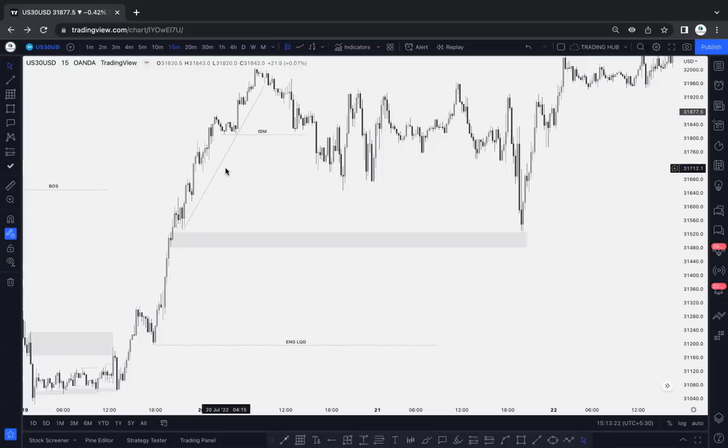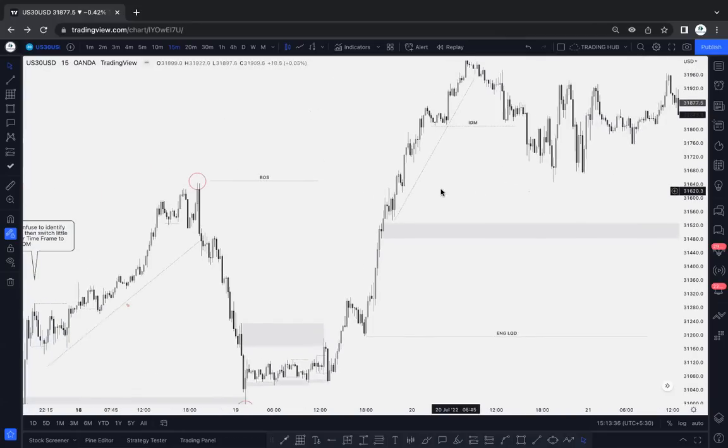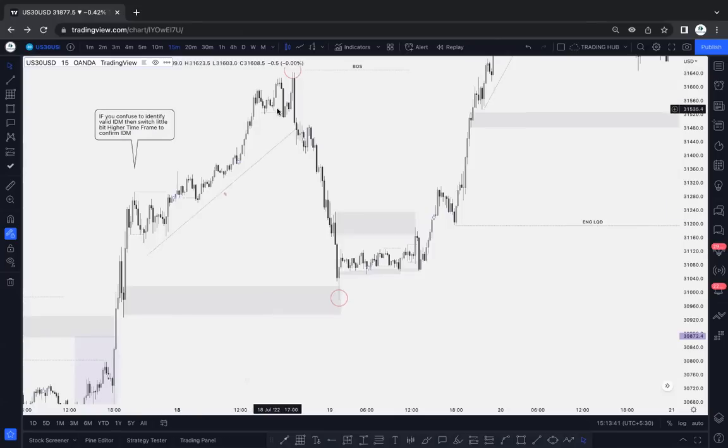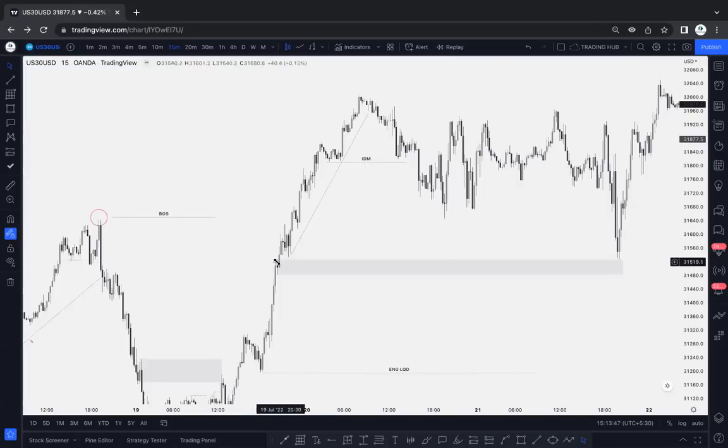But in this case you have to remember one more thing during trend line liquidity: where is the trend line liquidity origin? In this case, this is the origin of this trend line liquidity, here. And in this case, this is the origin of this trend line liquidity. Below this order block, tap here and go higher.